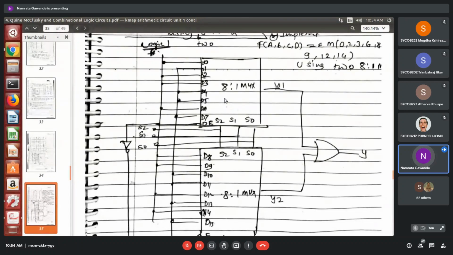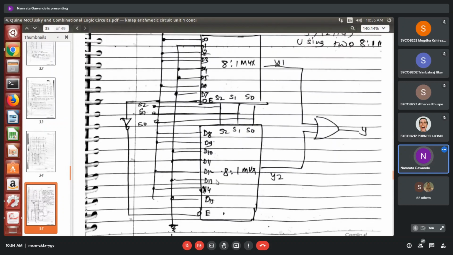If we combine 8 values, right, 8 plus 8 we get 16 inputs, right? So instead of providing all the 16 inputs to one mux, I can combine 2:1 mux and I can provide all these data inputs. So how is it given? See here, D0 to D7, these data inputs are provided to the first 8:1 mux, and the remaining data inputs, that is D8 to D15, are provided to another multiplexer, right?